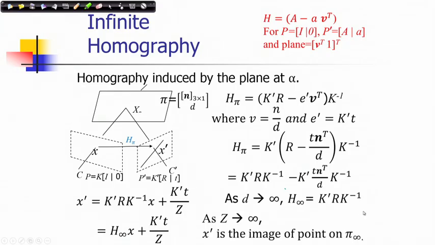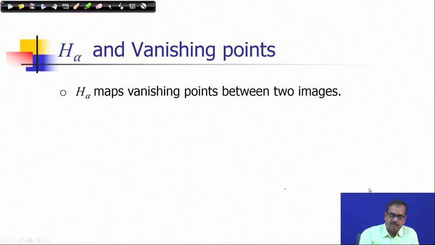As Z tends to infinity, x prime is the image of a point on pi infinity. This shows you the vanishing point over the epipolar line as you are projecting the points at infinity. So, this is a summary of the relationship between the homography at infinity and vanishing points.